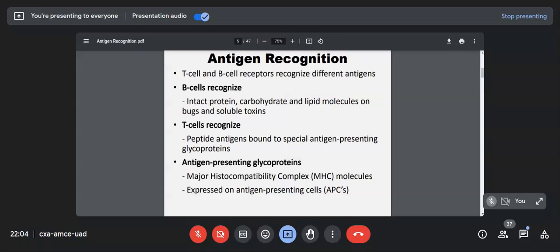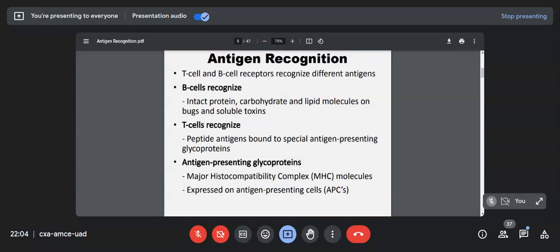Other books will tell you that it is also called the human leukocyte antigen. So you just have to take note of that. I'm giving you this information in case you find a variation, because they might give you the other name that you have never seen. So an antigen presenting glycoprotein in human beings is called what? A major histocompatibility complex, MHC.